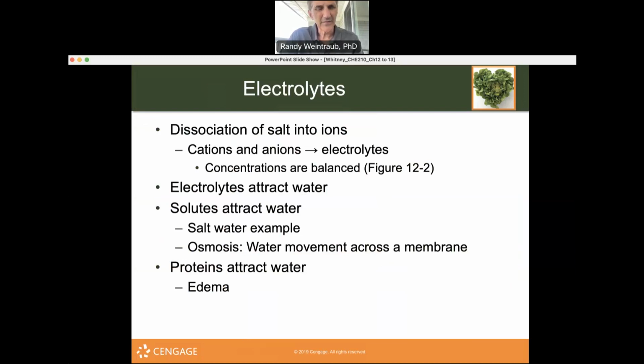Proteins, large molecules, attract water, and if not regulated, cell membranes might not keep their integrity, and you might have edema, that is an attraction of more water than usual, and that is swelling.